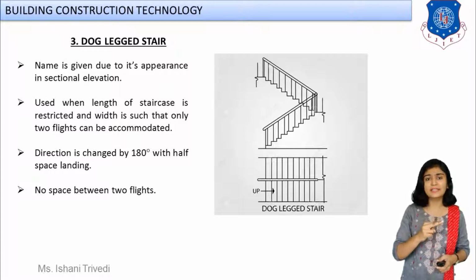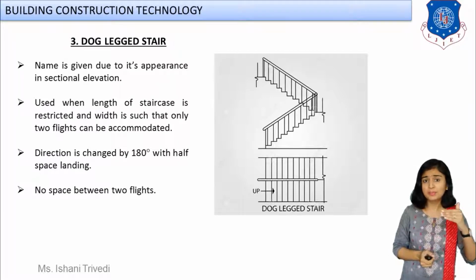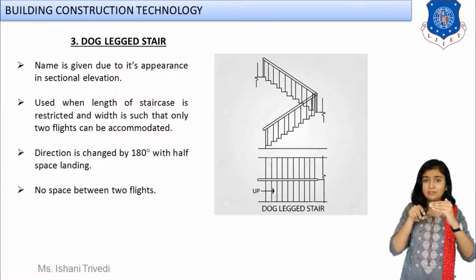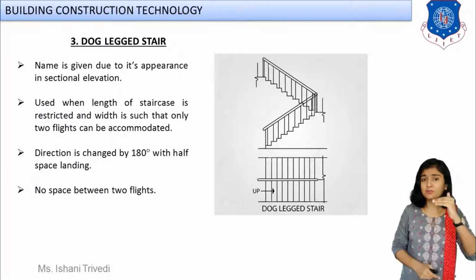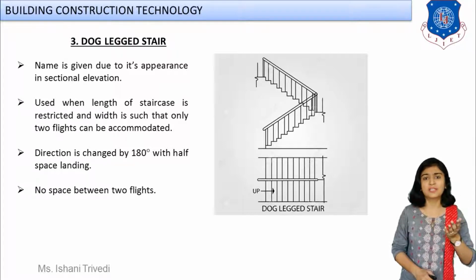Come to the second image in the sketch itself. You can see that the plan is given, right? So how will you draw the plan? First you will show the first flight, that is your single flight. Then you have the half turn. Now make sure that here it is not a quarter turn, it is not 90 degrees, it is 180 degrees, right? As we had discussed in the last session, everything was discussed pretty much in detail.